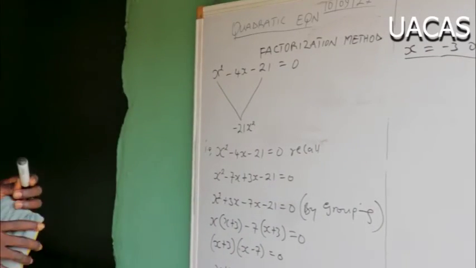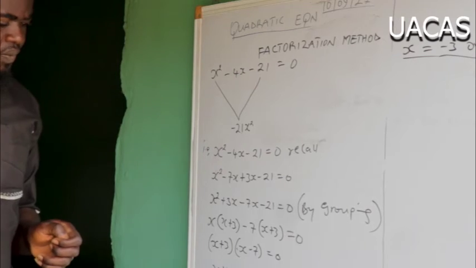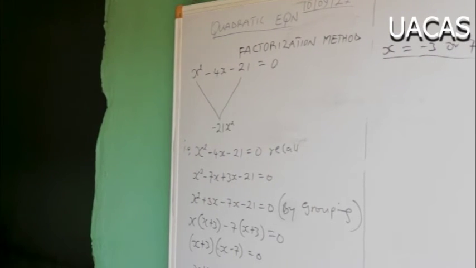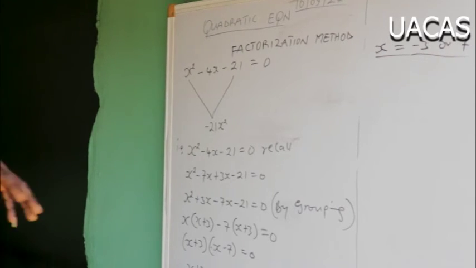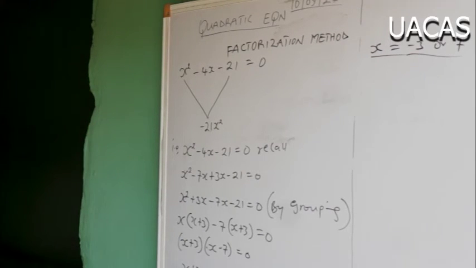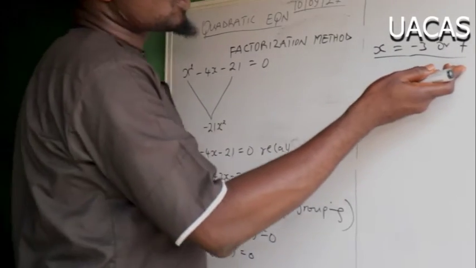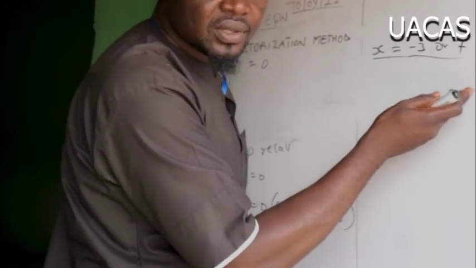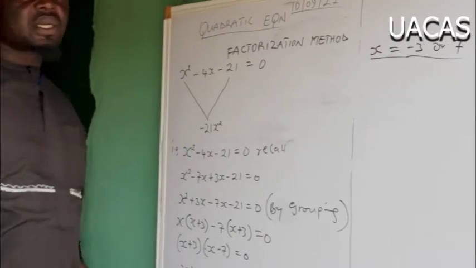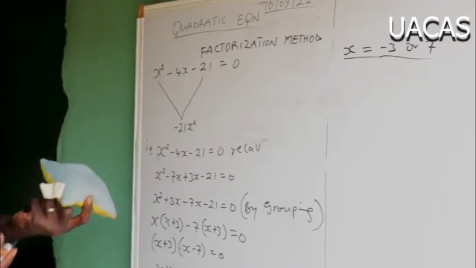This is the solution. Now, what do you do if you have something like this? You can check these two roots or values to know whether it will give you 0 on the two sides.